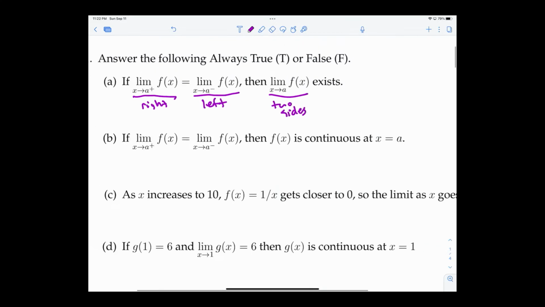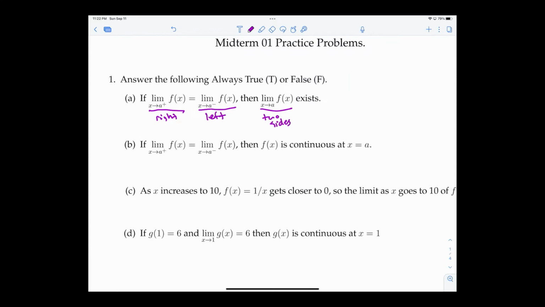Yes, that's the definition of when the two-sided limit exists. So this is true. When the two one-sided limits exist and are equal, the two-sided limit exists. Okay, next question.